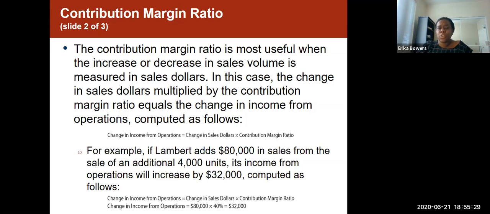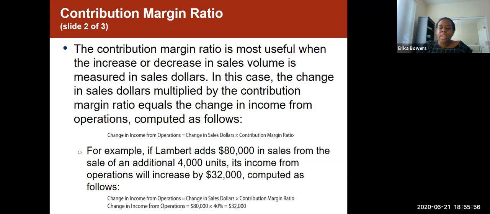in sales dollars. So change in income from operations equals change in sales dollars times our contribution margin. Say for instance, we're going to add 80,000 more dollars in sales from selling an additional 4,000 units. How much are we going to get in income from operations? We take the 80,000.